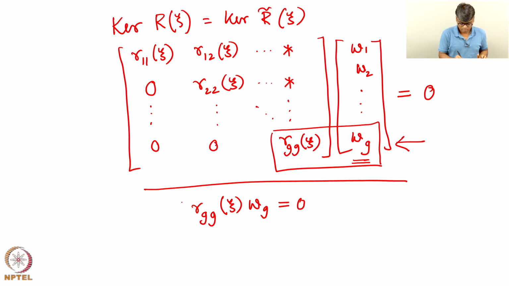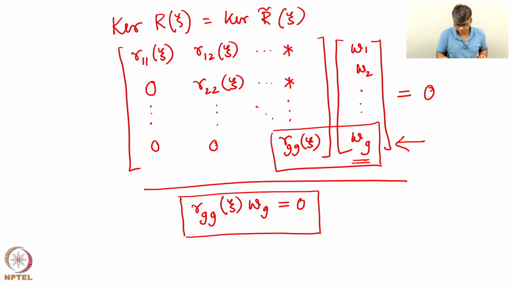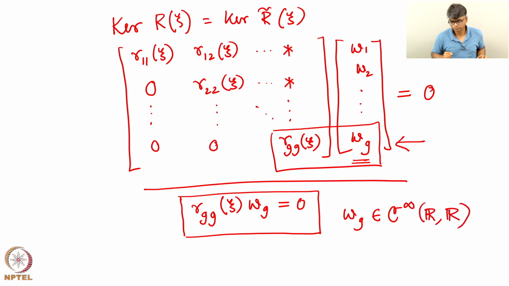Now, let us assume that we know how to do that. We will see how to do it. But let's assume that we can get a particular Wg from the space of C infinity functions. For difference equations, you need to know how to solve single standalone difference equations.